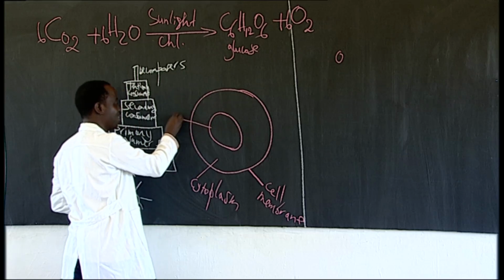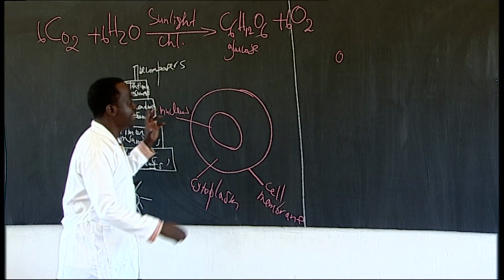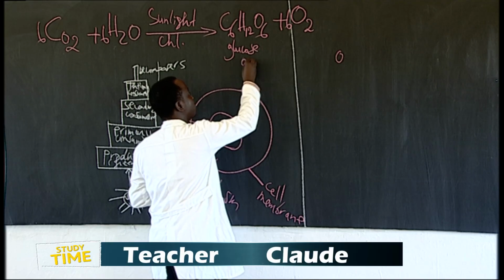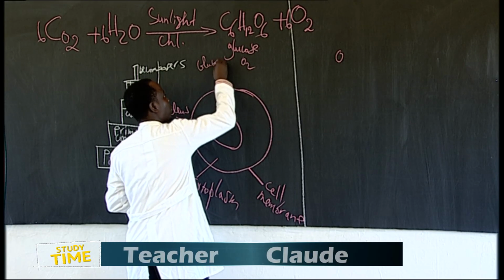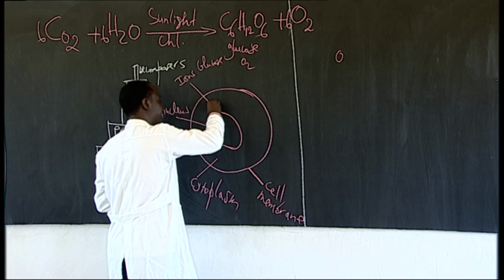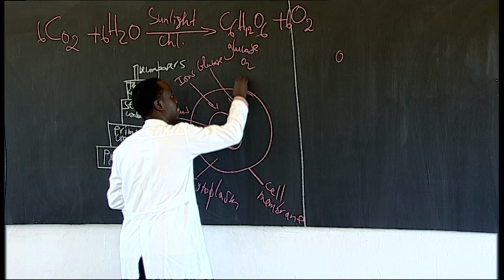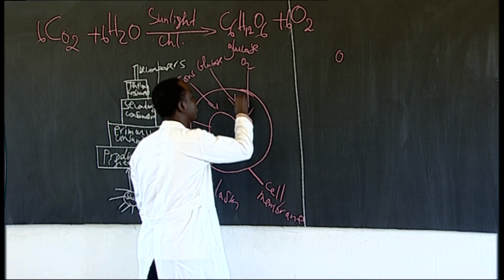And this one is what you call the nucleus. And then materials, for example oxygen, glucose, ions, need to get inside the cells if they are needed. Even if they are in excess, they also have to be removed out.